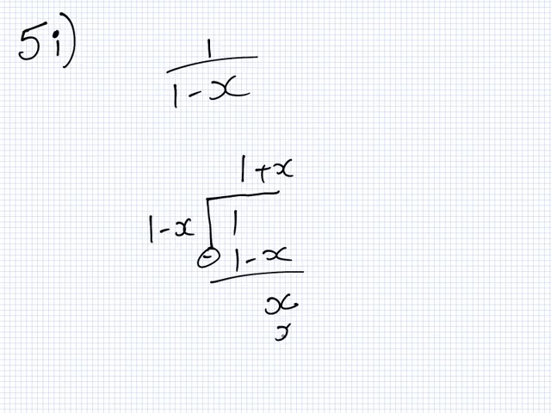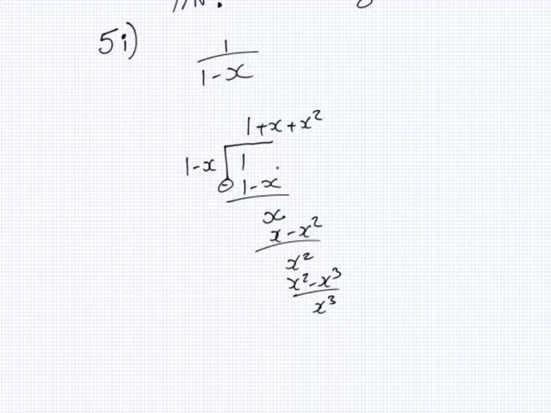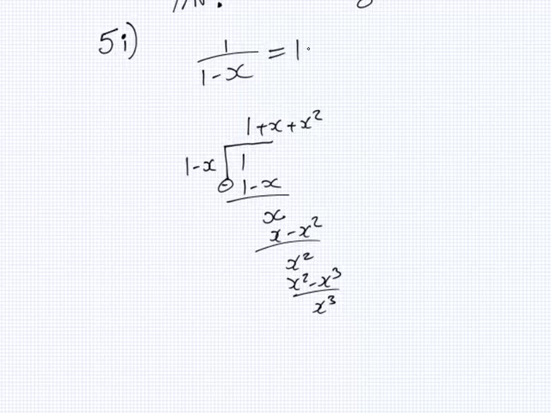I multiply and subtract, I'm left with x squared. What do I put here to make x squared? x squared. I subtract, I'm left with x cubed. So you can see this will be 1 plus x plus x squared plus x cubed, etc.